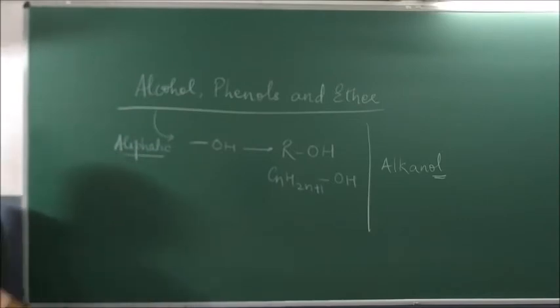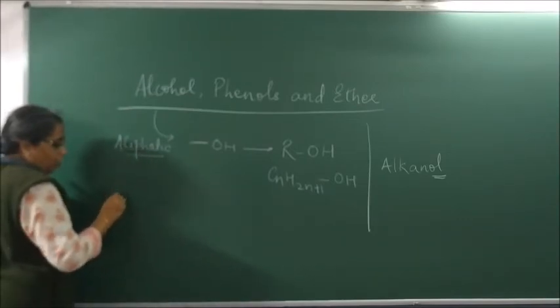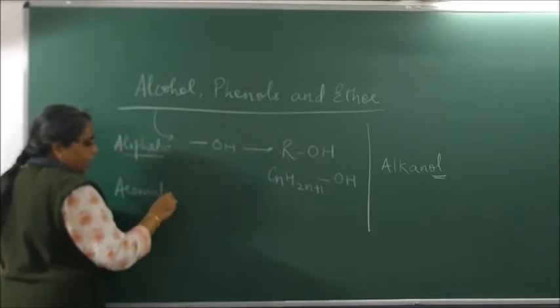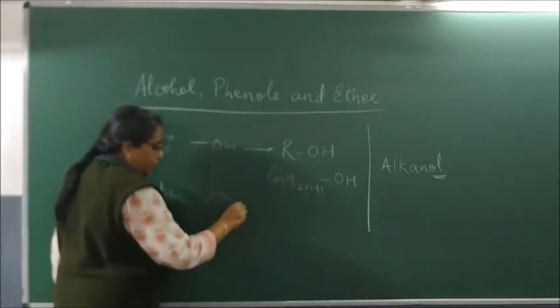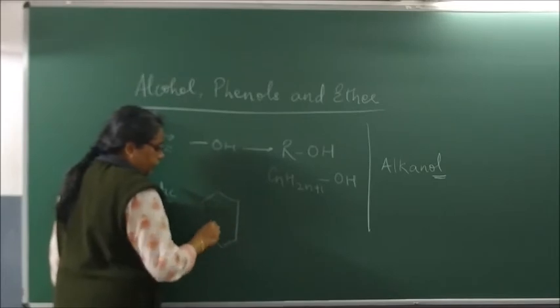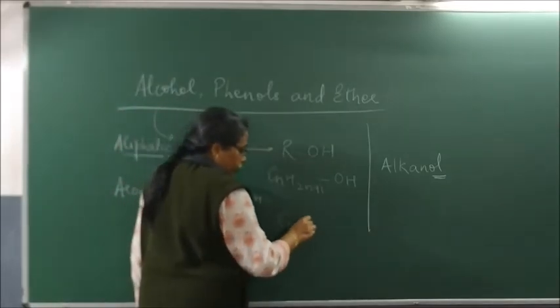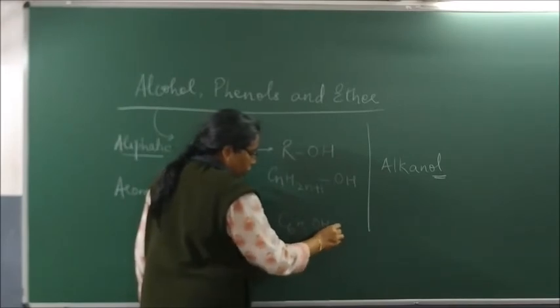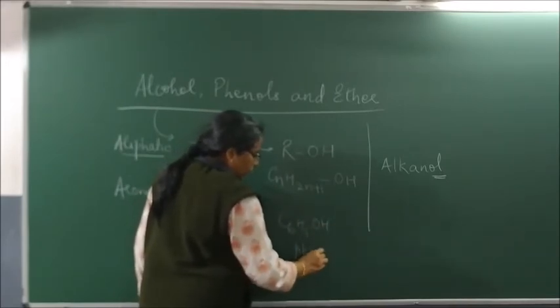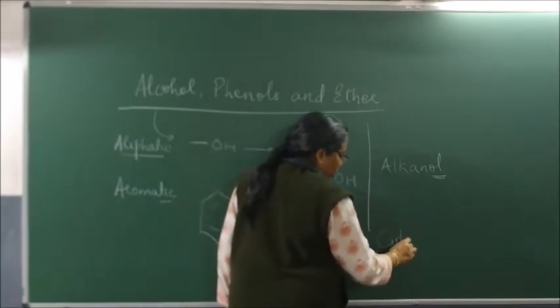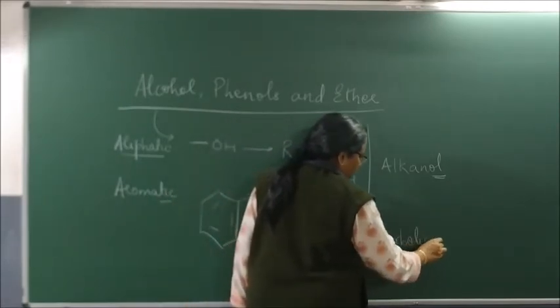When I talk about a closed chain alcohol or an aromatic alcohol, the first parent aromatic alcohol which comes to mind is C6H5OH. This C6H5OH is called as phenol. The common name of phenol is what?